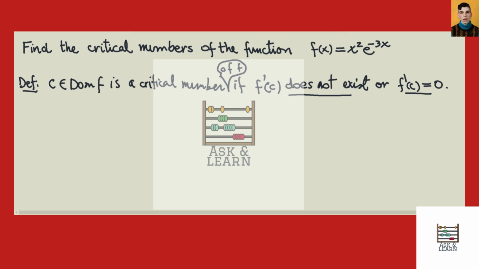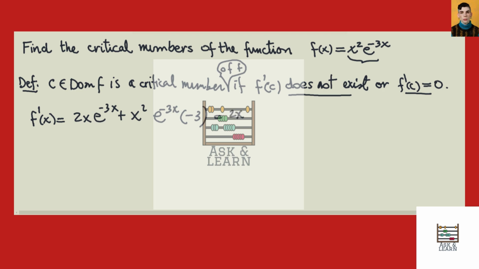Okay, so here we find the first derivative of f. In this case, we have the product of two functions, so we use the product rule. The derivative of the first factor x squared is 2x times the exponential of negative 3x, plus the first factor x squared times the derivative of e to the negative 3x, which is e to the negative 3x times the derivative of the exponent, which is negative 3.